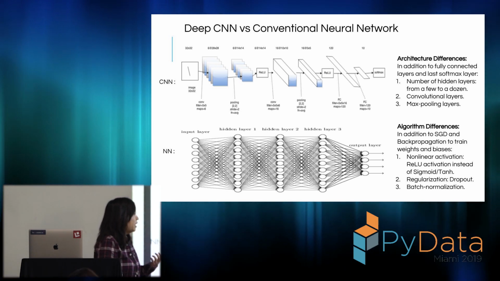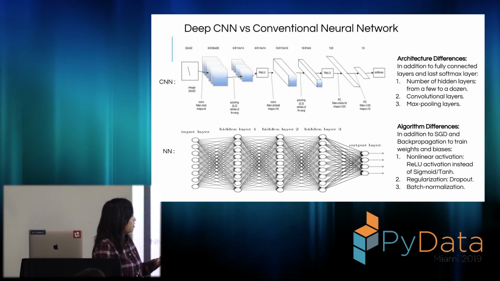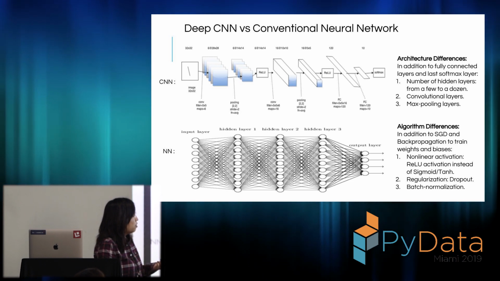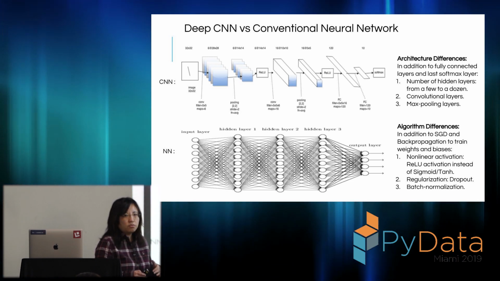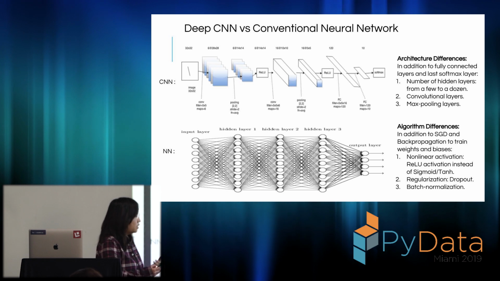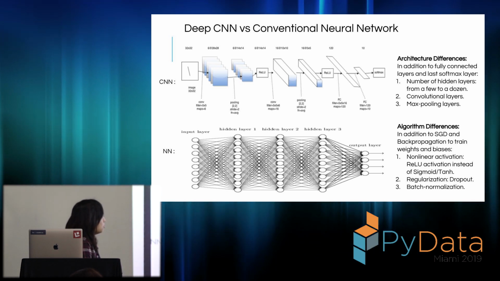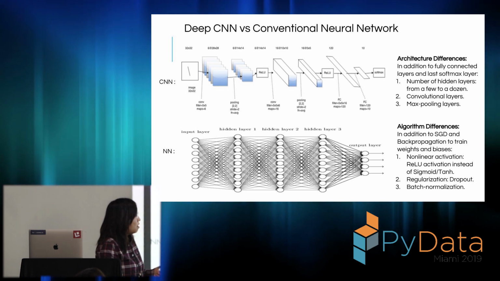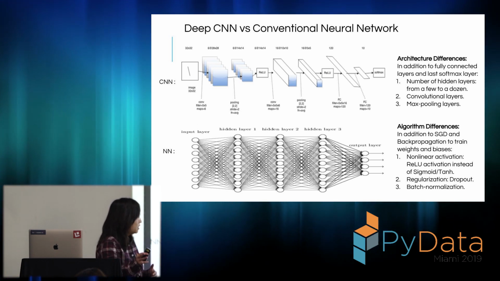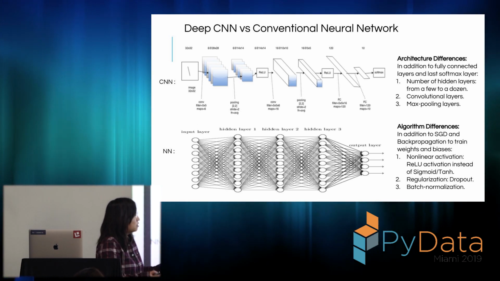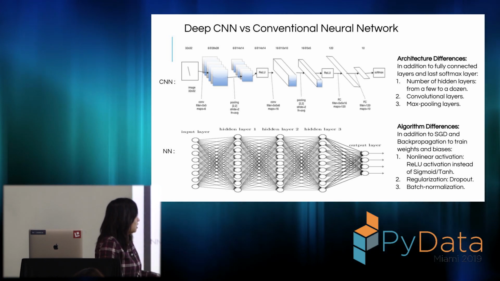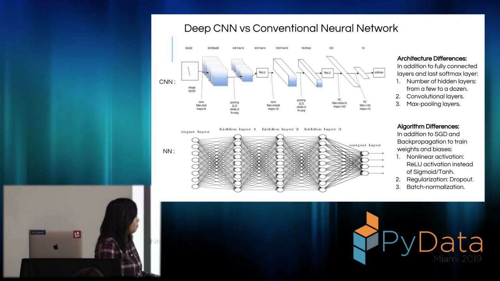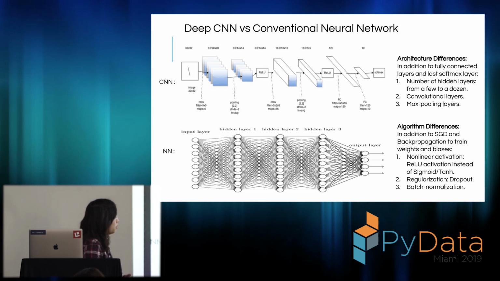For example, they replaced some of the activation functions from sigmoid and tanh to ReLU to deal with this gradient vanishing problem. Also, one problem with ReLU is that its output doesn't have an upper limit, which introduces another problem called blowing out. So another technique called batch normalization became popular.